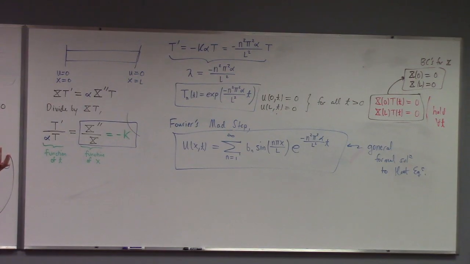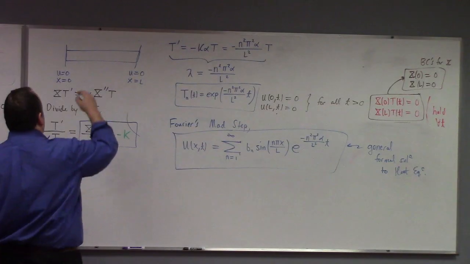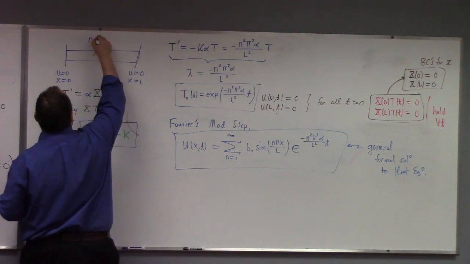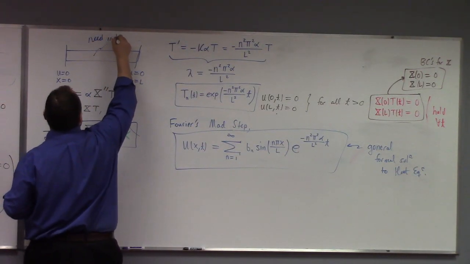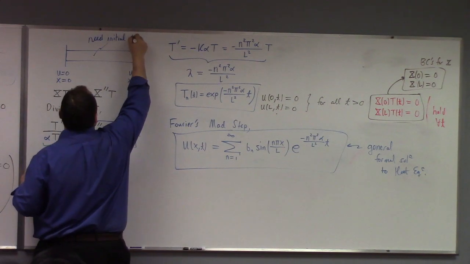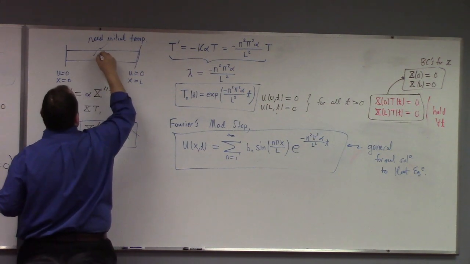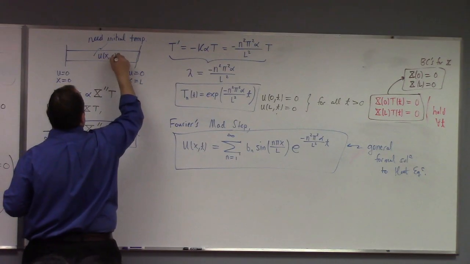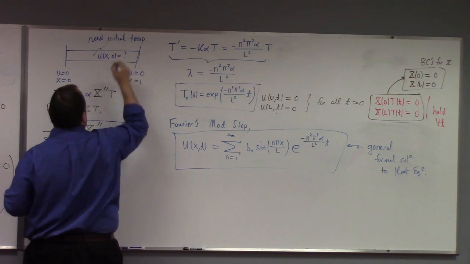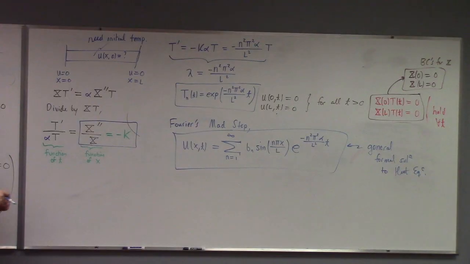Doesn't it matter how the rod starts out? Is it hot to start with? Is it chilled? Is it hot in the middle, but cold on the ends? We need to know the initial temperature distribution. You need to know what is u of x comma 0. We need to know that initial temperature profile.